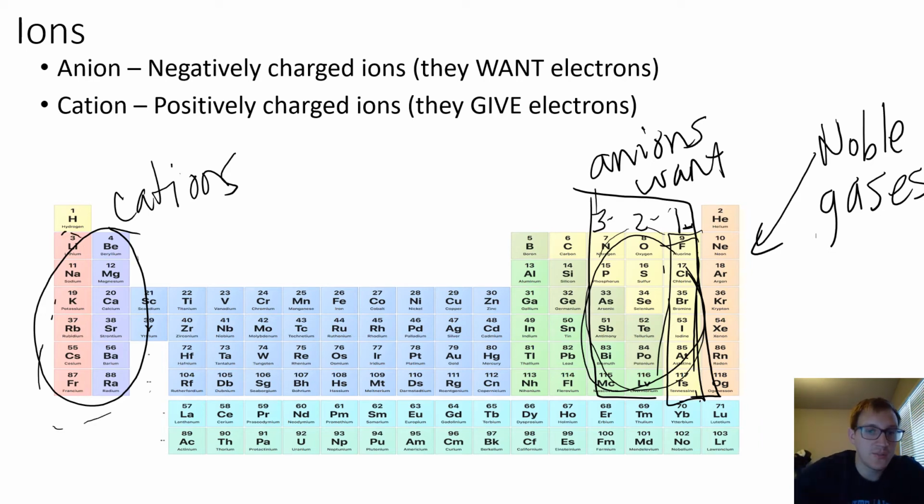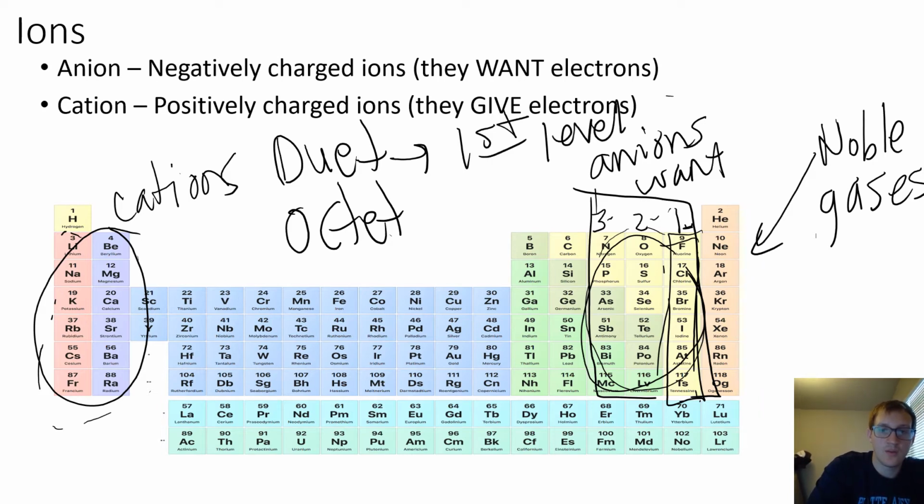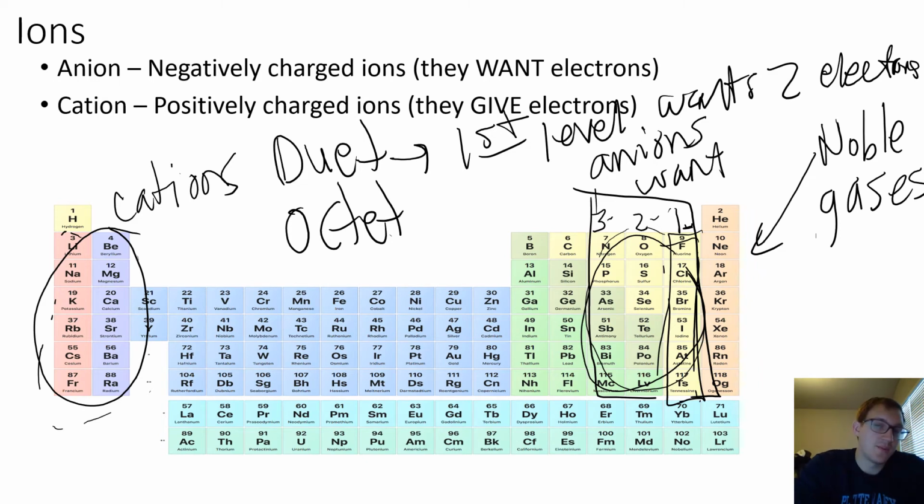That leads me to my next thing that I forgot to mention, and that is the duet and octet rules. Remember, the duet rule means that the first level of electrons wants to have 2 electrons. That really only pertains to hydrogen and helium.